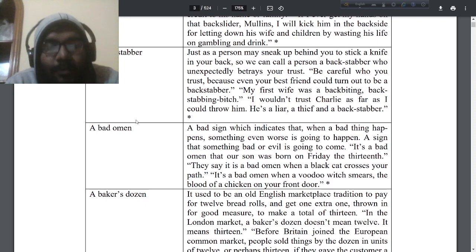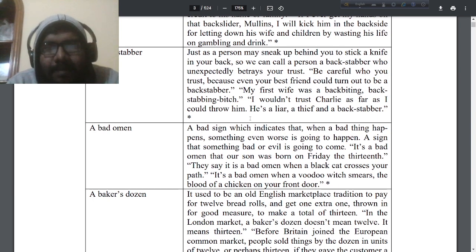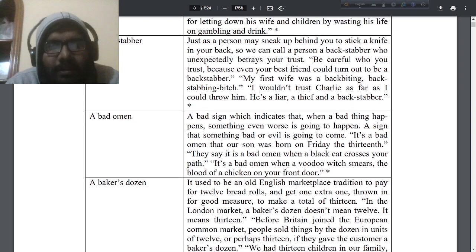So a bad omen is a bad sign which indicates that something even worse is going to happen. A sign that something bad or evil is going to happen, meaning that any bad thing will happen. They say it is a bad omen when a black cat crosses your path.